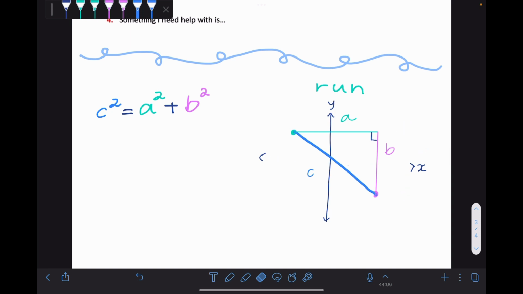So instead of calling it rise and run, we call it something that makes a bit more sense. We call it the change, triangle means change, in. We call it the change instead.